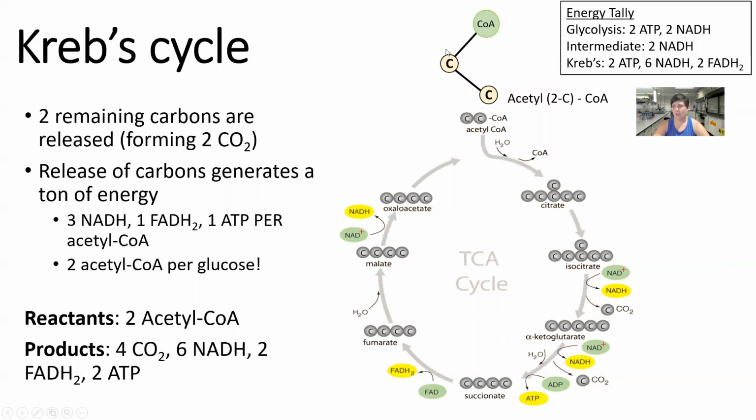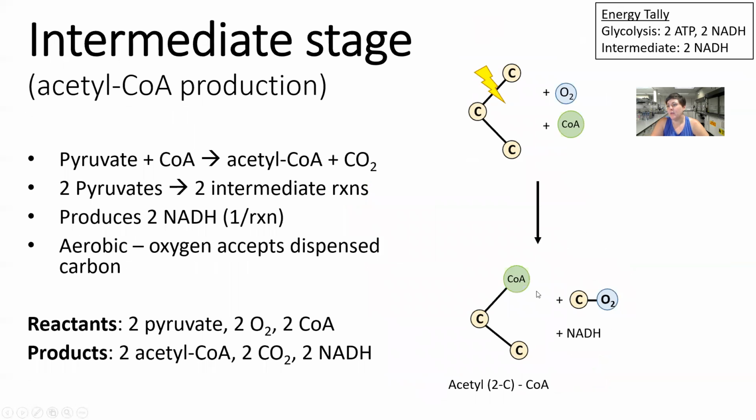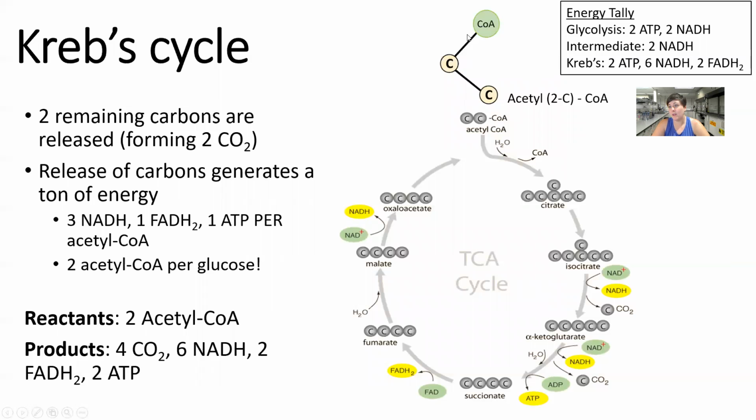Look at the top here, you'll see that you have our product from pyruvate oxidation, or the intermediate stage, which was acetyl coenzyme A. That is what is entering. Remember, we started with glucose, we split glucose in half into 2 pyruvates, and we broke those pyruvates in half, and now we have 2 acetyl coenzyme A. So what you're looking at is what happens individually to each of those.